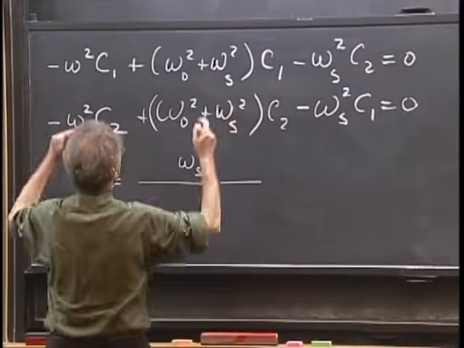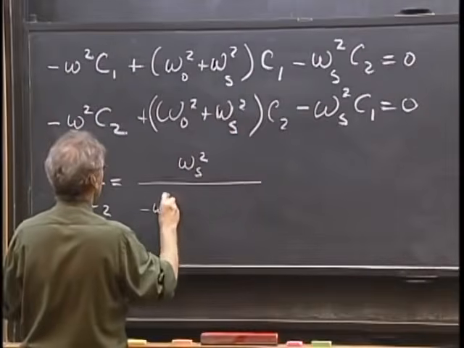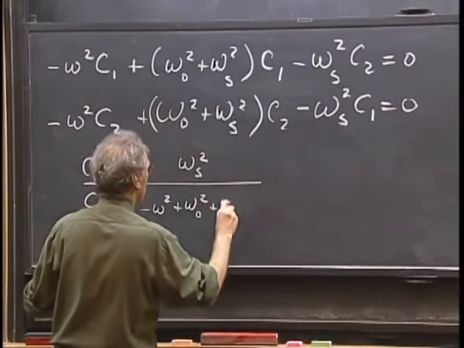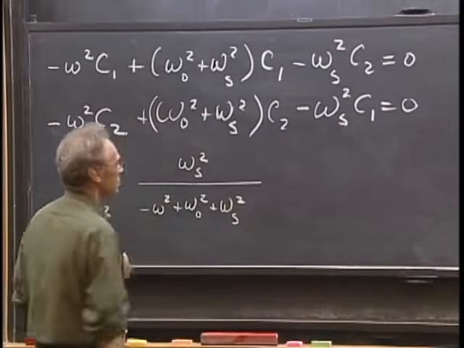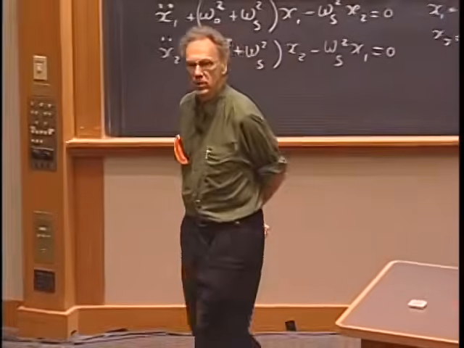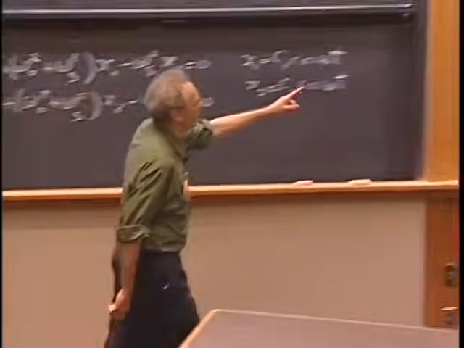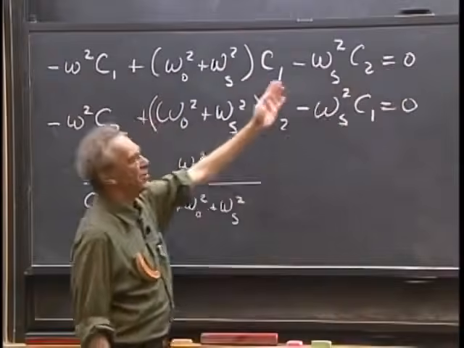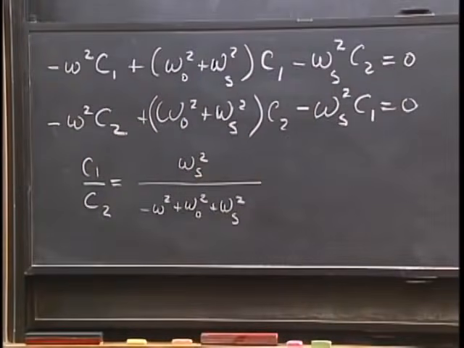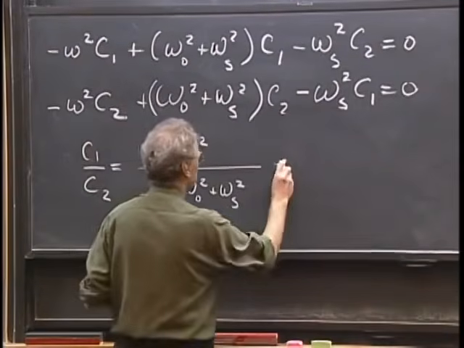And all this comes downstairs. Minus omega squared plus omega 0 squared plus omega s squared. Do we agree? That's the first equation. I've simply written it as C1 divided by C2. I can always do that, right? Bring the C1s to one side, the C2s to one side, and divide them. That's this. And I'm going to do the same with the next equation.